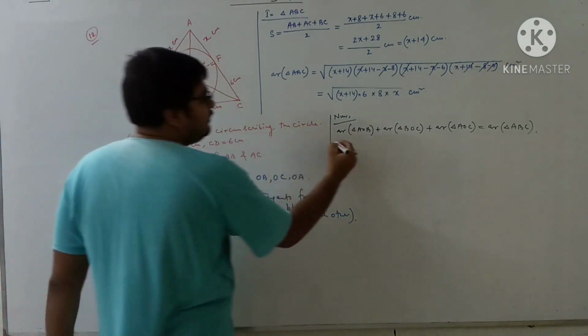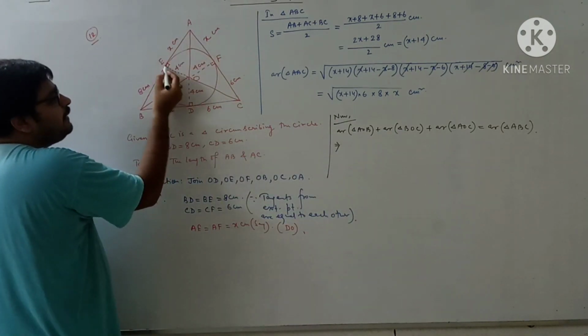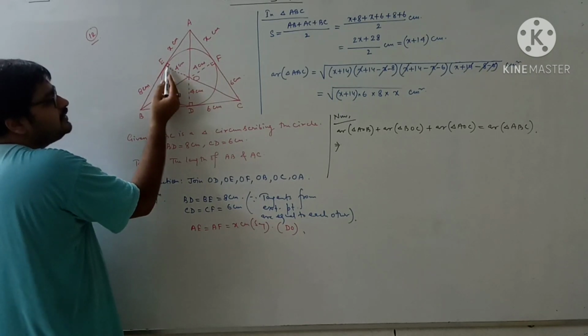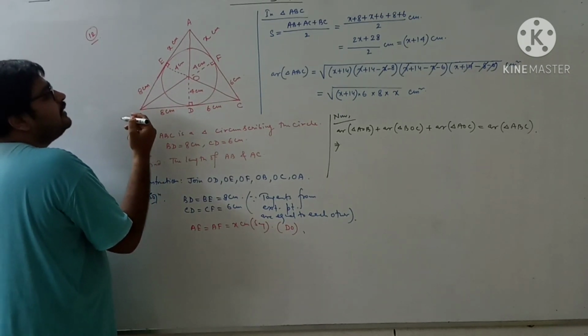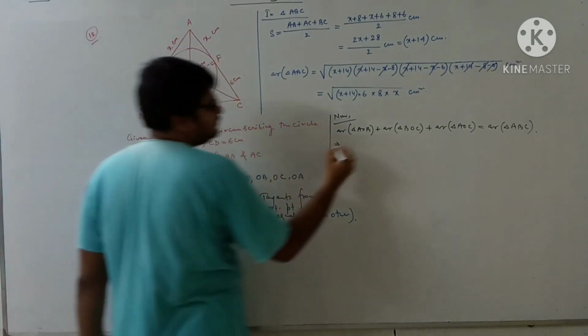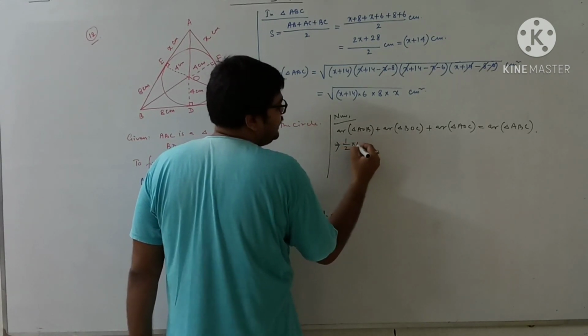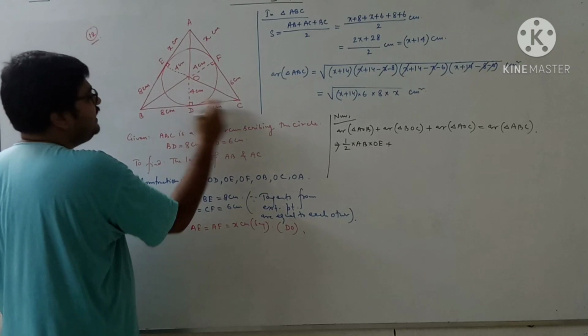Now first of all we are finding out area of triangle AOB. See, OE is perpendicular to AB, because this is 90 degrees, radius is perpendicular to tangent. So half into AB into OE. Now for BOC similarly what can we write?